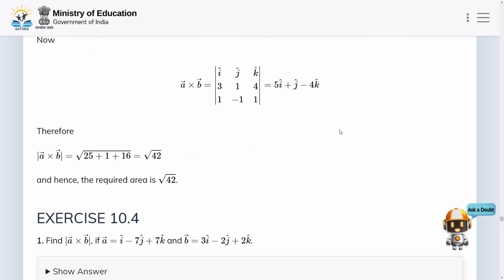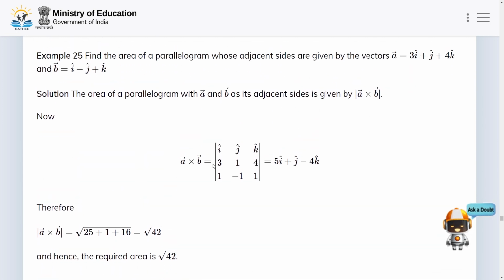So the cross product will be, as you can see, A cross B is equal to: first row I hat, J hat, K hat. Second row will be the scalar components of the A vector, which are 3, 1, 4. Now the scalar components of the B vector are 1, minus 1, 1.